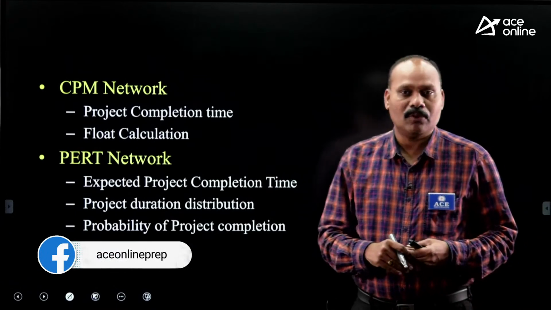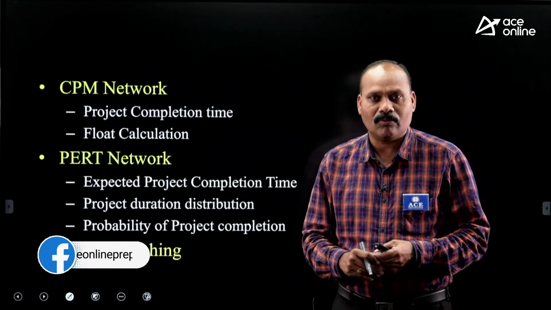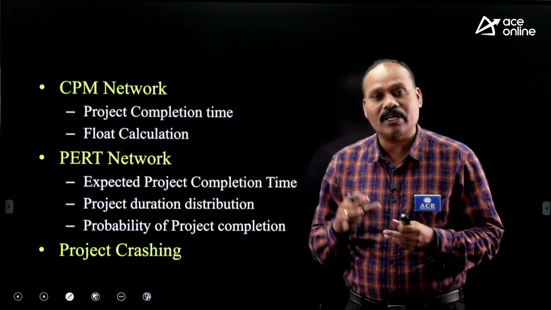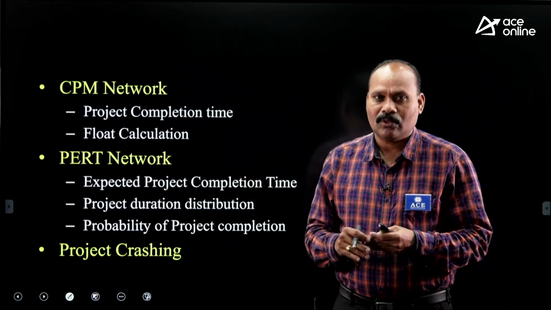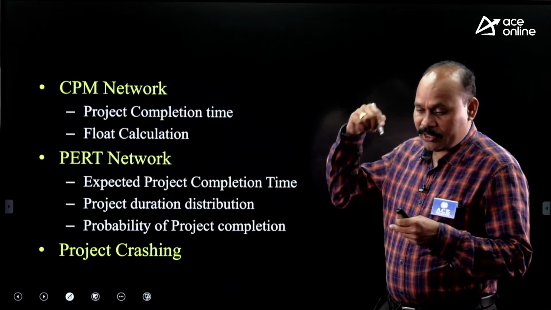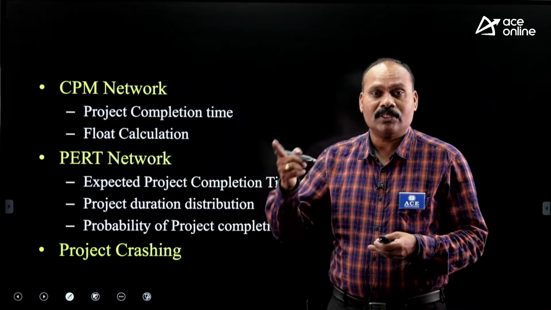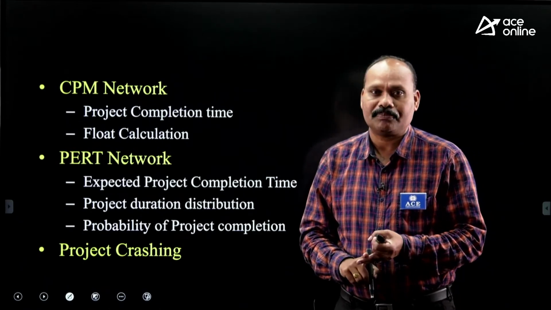Next heading, float calculation. In order to get float, we need only the AOA diagram. If you draw the AOA diagram, you can get events as well as activities. At each event, calculate the earliest occurrence and latest occurrence.